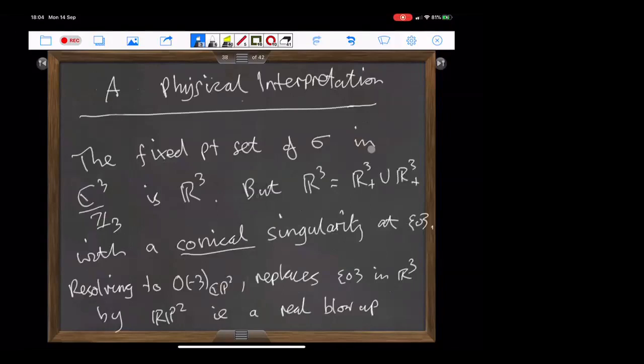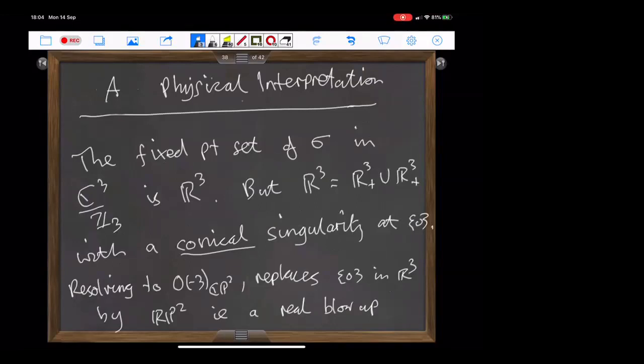And there's a natural physical interpretation of this phenomenon. If you look at the local model, you can actually see where this comes from. The fixed point set of sigma in C3 mod Z3 is just R3, a special Lagrangian R3, but this R3 is actually singular.